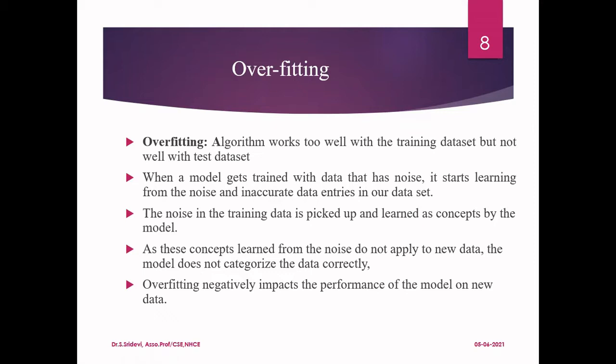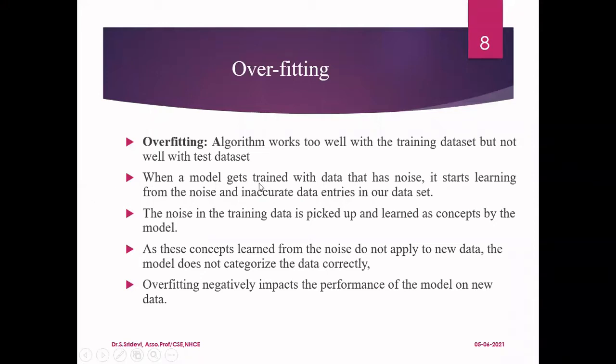Okay, how does this overfitting happen? Why is it working well with the training data set, but not with the testing data set? Already in decision tree, we have seen that overfitting happens when your data has too much noise.